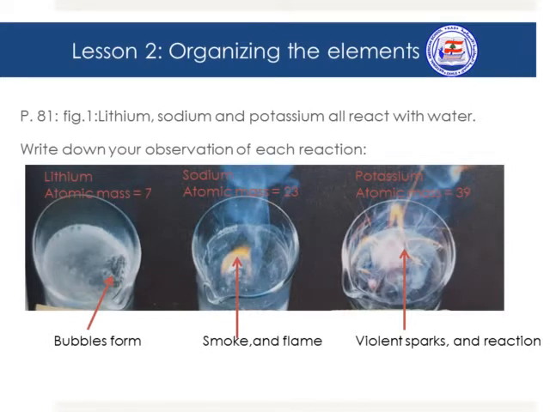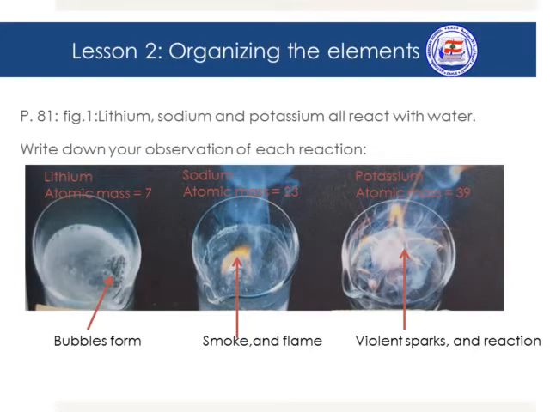So this way we can deduce that what Mendeleev said is correct. Some elements can have the same properties. Therefore, we deduce that these three elements, lithium, sodium, and potassium, belong to the same group. The only difference is that when the atomic mass increases, the reaction becomes more violent, as you can see in front of you.